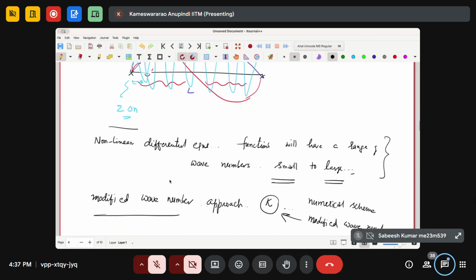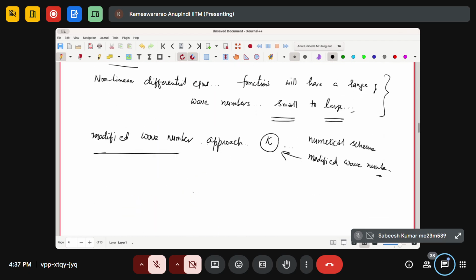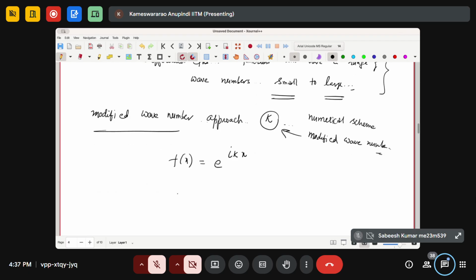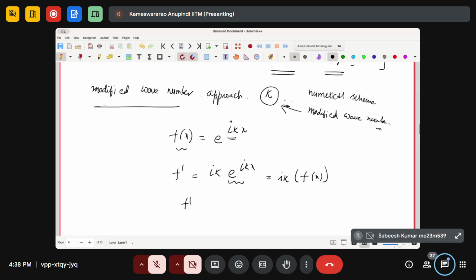Before that, I'll go back to this function. We have written f of x equals e to the power ikx. This is the function, and I want to calculate the derivative f prime. F prime is d by dx of e to the power ikx, which is going to be i times k times e to the power ikx. But e to the power ikx is f of x, so f prime is simply i times k times f of x.